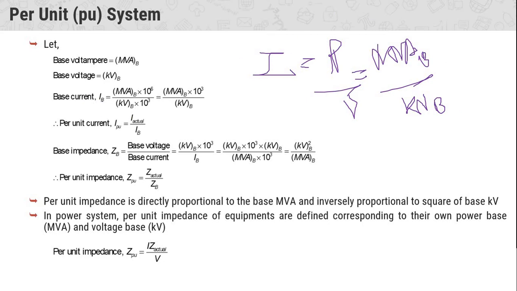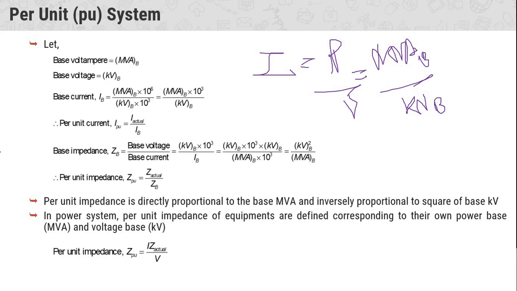So base current I_B is equal to MVA base into 10 raised to 6, because M indicates mega, which is 10 raised to 6, and K means 10 raised to 3. So MVA base into 10 raised to 6 upon kV base into 10 raised to 3, and MVA base upon kV base is the base current. So per unit current is I actual upon I base. From this equation we get the per unit current.